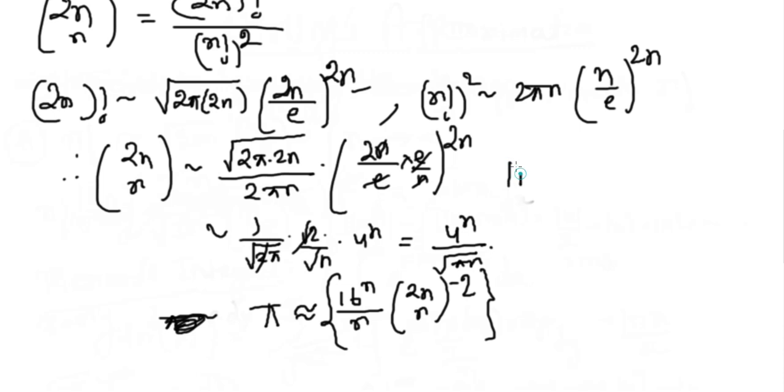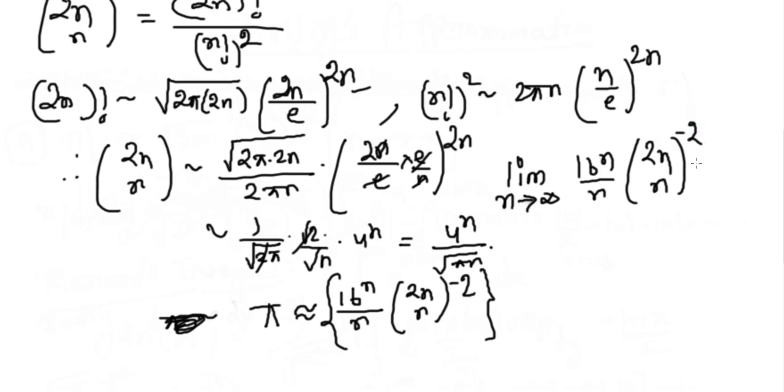So basically you have directly a problem of a limit, that limit n tends to infinity, 16 to the power n by n times 2nCn to the power minus 2 is actually equal to pi. This is one of the most important results, and this kind of results you can get at ease by using this theorem of Stirling's. Okay, so that's it for Stirling's.